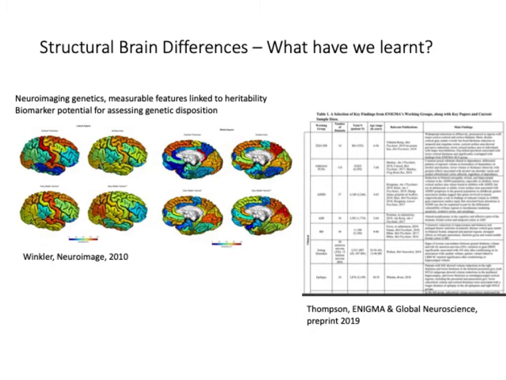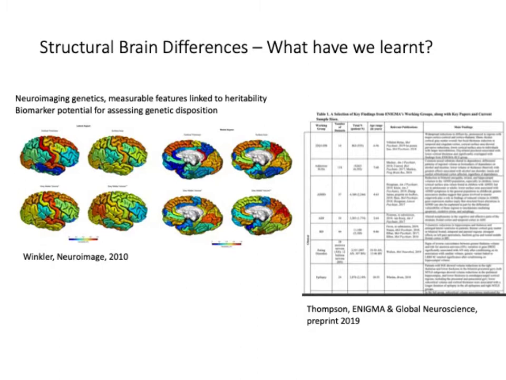And using these facts, the Enigma Consortium, which is a global grouping of neuroscience labs who pool data worldwide, have started investigating how structural features could be biomarkers of genetic phenotypes linked to various diseases. So such structural volume and thickness studies have been shown to be useful for cognitive performance, disease pathology, as well as neuroimaging genetic studies.